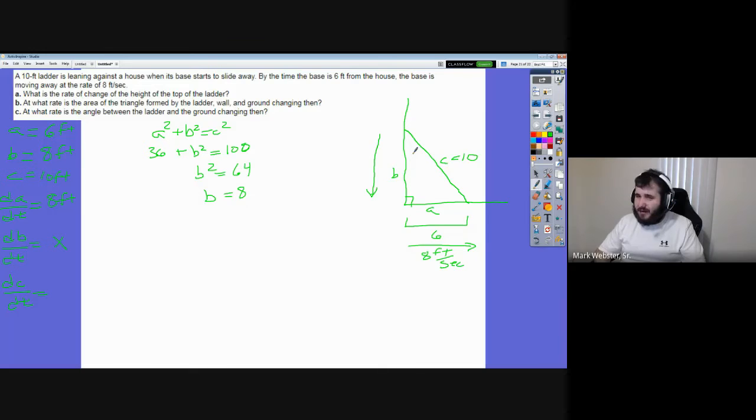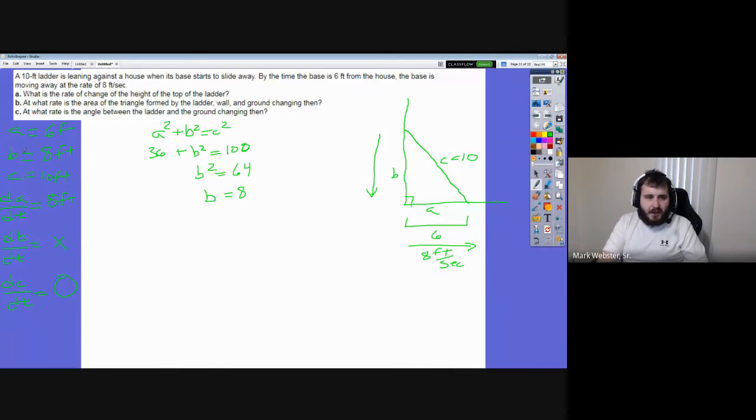It's not, right? The ladder doesn't change. It's a ladder. We're not talking about one of those extension ladders or whatever. We're just talking about a dumb wooden ladder. You just put it right up against the house, and it's not going to change. So if it doesn't change, the derivative here, dC dt, is just 0.